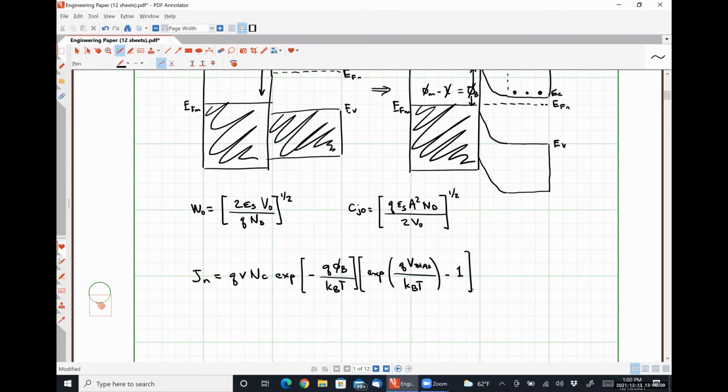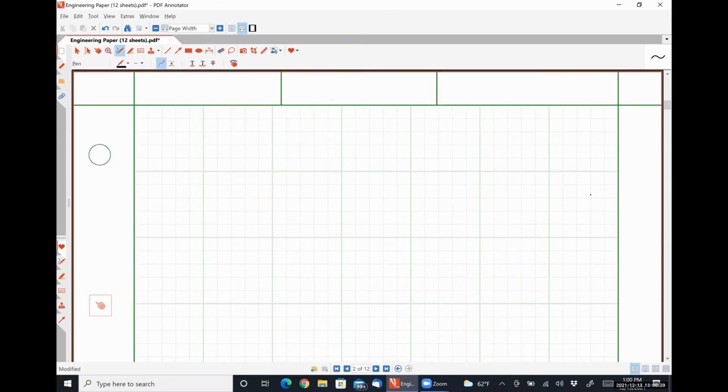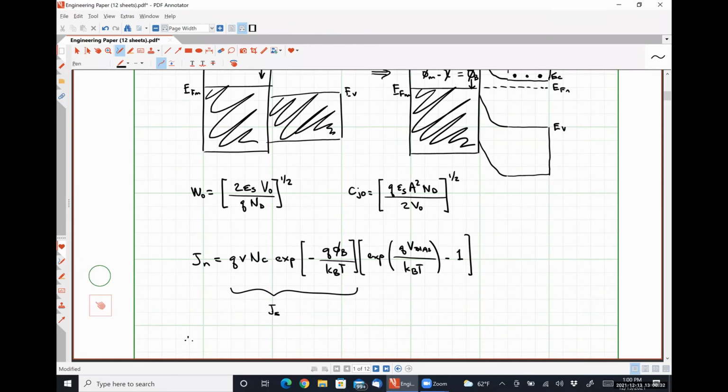And then that first big chunk, we're going to call Js, which is the reverse bias saturation current density for our rectifying junction, so that we can say Jn is equal to Js multiplied by the exponential of Q V_bias over kBT minus 1, which should look exactly like the behavior of our PN junction.